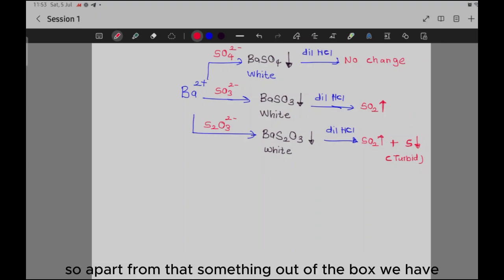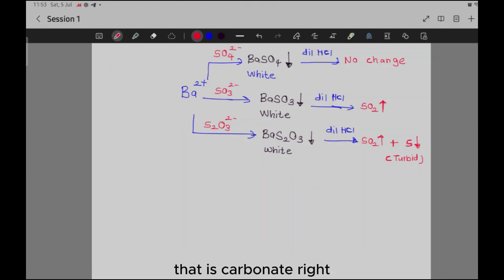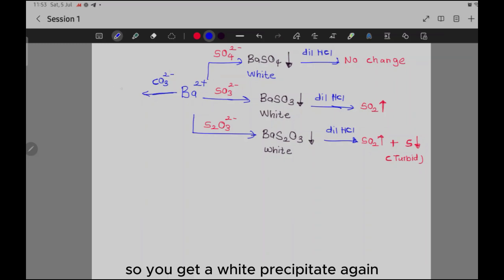Apart from that, something out of the box we have, that is carbonate. When you add carbonate to barium 2 plus, generally this is not asked, but if you have studied S block, CO3 2 minus is the carbonate ion, so you get a white precipitate again, barium carbonate.